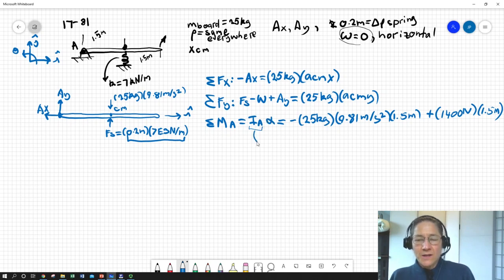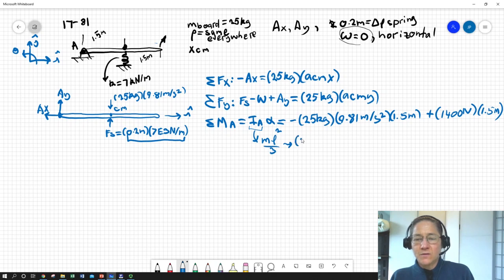So if we look up in our tables, we can find the moment of inertia for a rod being rotated about its end. We're going to have m times the length of the rod squared divided by 3.